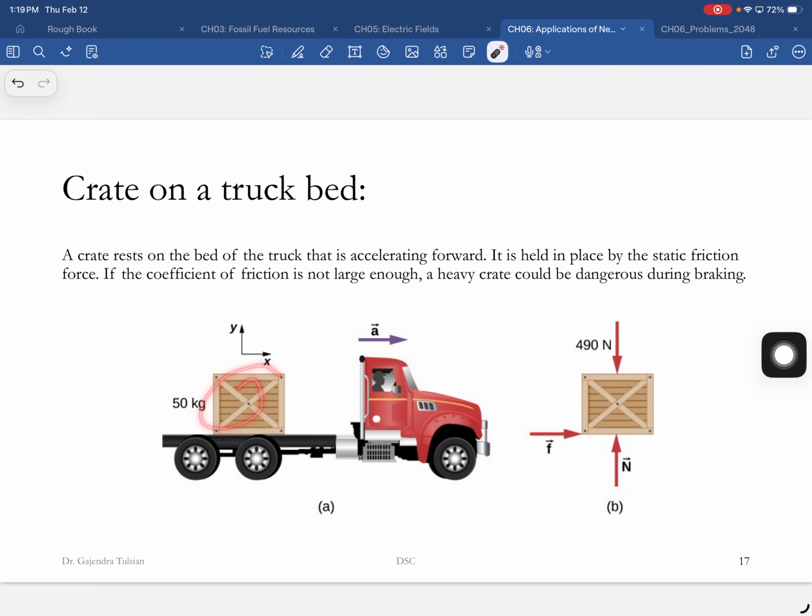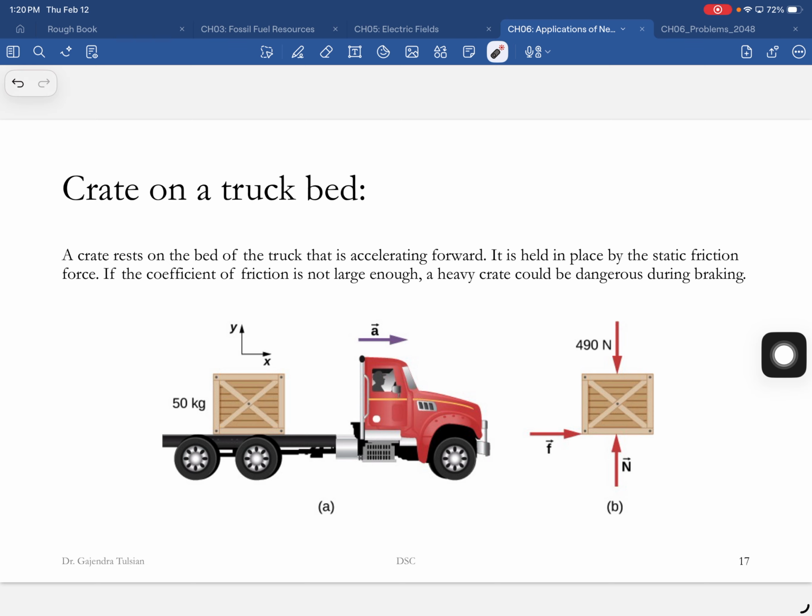This guy doesn't have an engine. What's accelerating him? I'm sorry? Yeah, so the only thing this guy is in contact with is that. So when the truck accelerates, he wants to slip away, but the static friction force makes him accelerate.